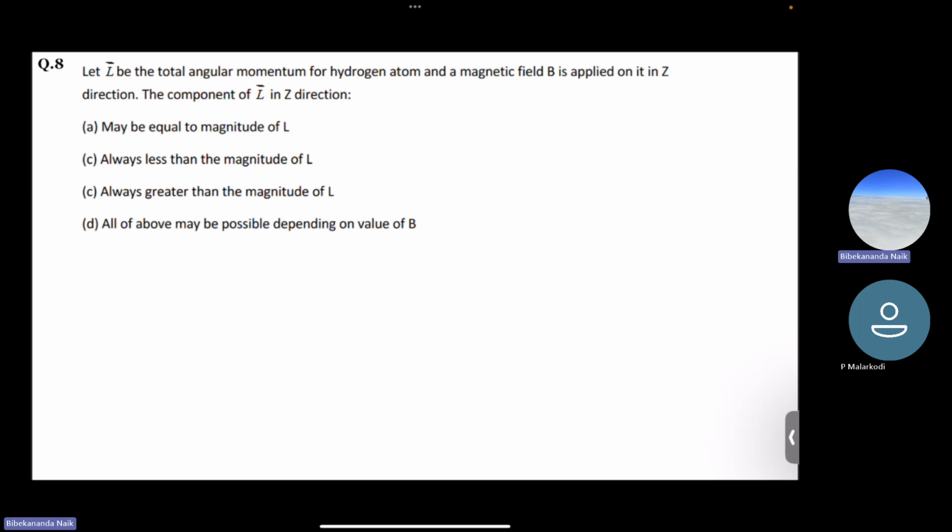Now let's move to question number 8. Question number 8 says, let L vector be the total angular momentum for a hydrogen atom and a magnetic field B is applied on it in z direction.